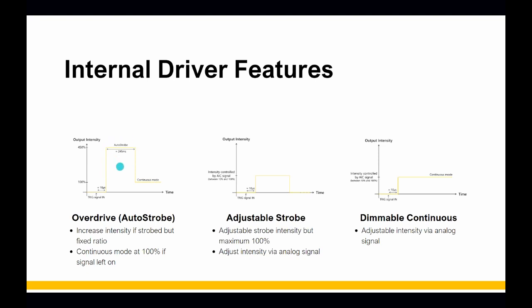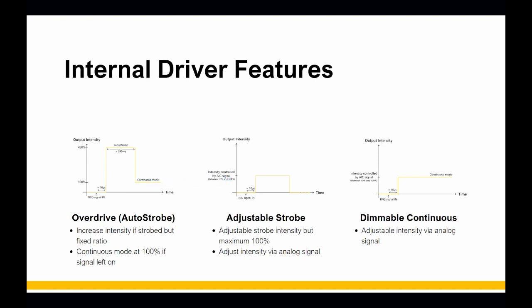The FE-Lux ring light has 700% overdrive. Different versions of the Flex have a different amount of intensity, but the auto strobe feature itself is the same, where for the first initial amount of time you're overdriving the light. If you keep your signal high after this amount of time ends, your intensity will drop to 100% and your light will be in continuous mode.